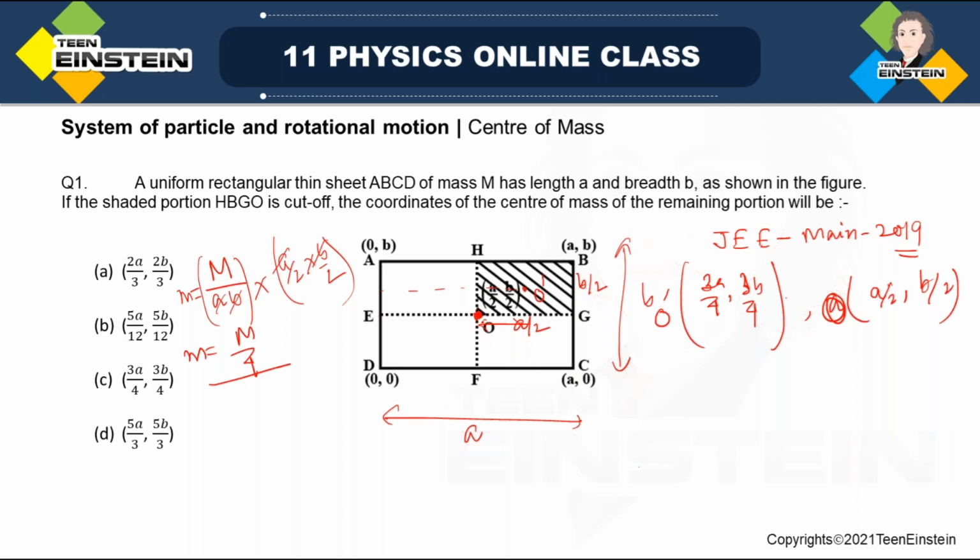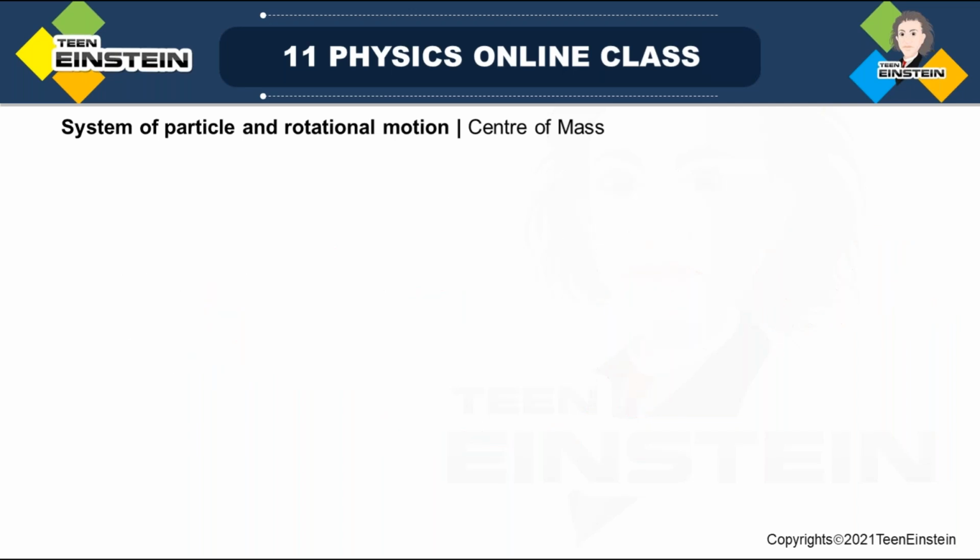Now, if you want to calculate the center of mass XCM, let me go to the other page. So XCM you have to write M1 X1.